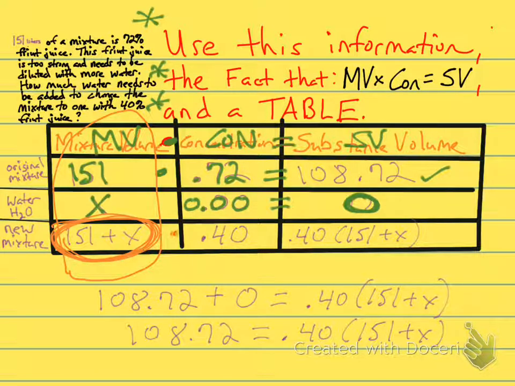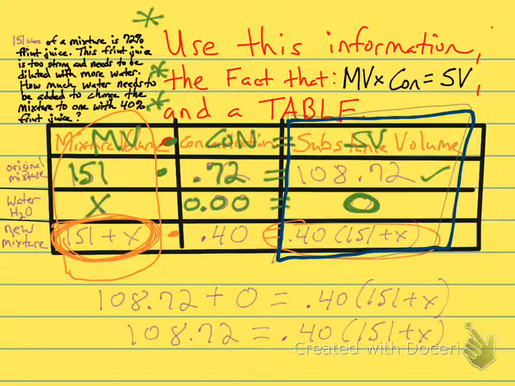We will multiply across again in order to get the final volume of the substance.